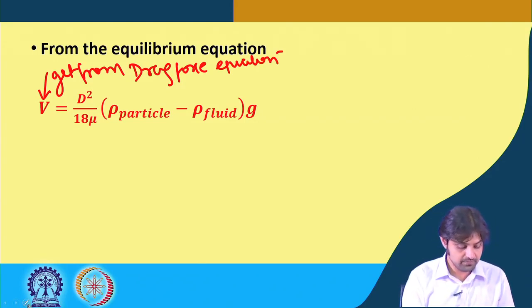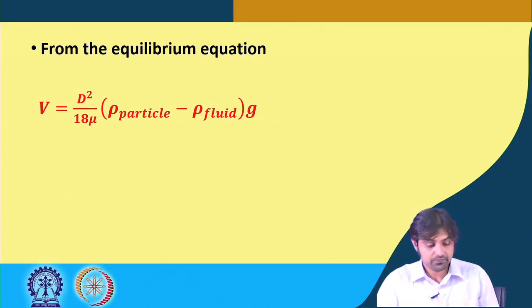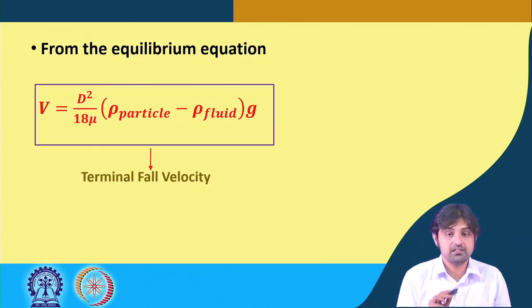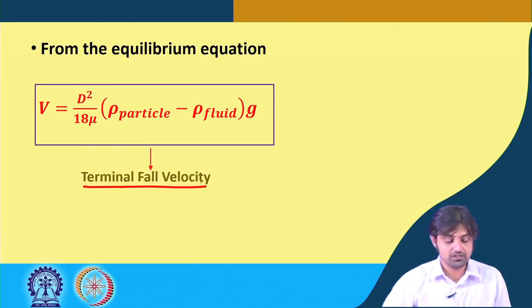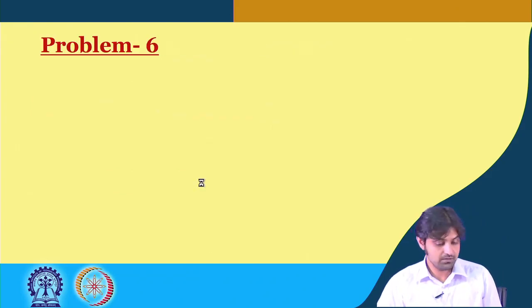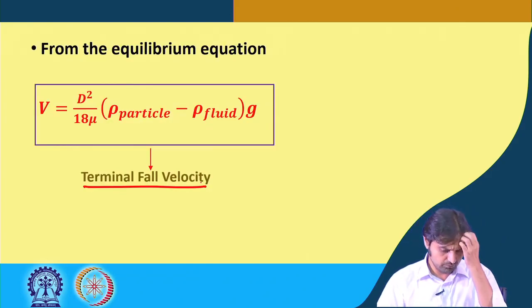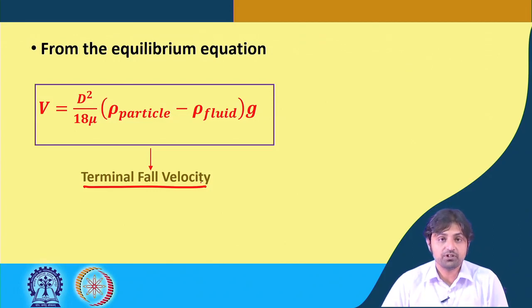And this is the terminal fall velocity. Okay. So, this is an important equation: V equals d square by 18 mu into rho particle minus rho fluid multiplied by the acceleration due to gravity g.